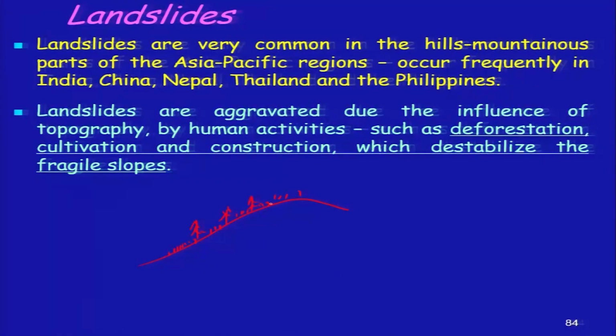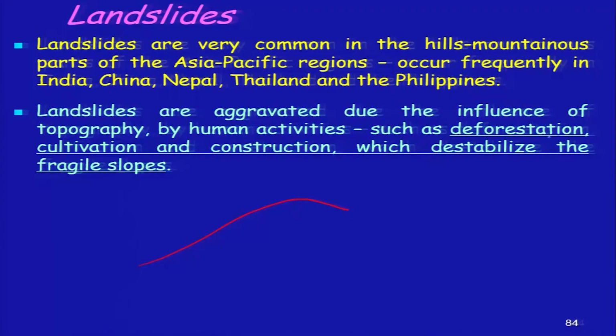But if you remove this, you are exposing the slope directly to erosion, which will result in the percolation of water as well as the loss of shear strength of the material.